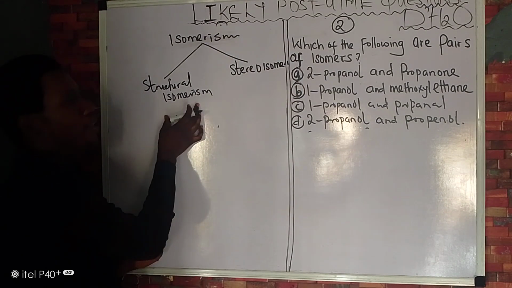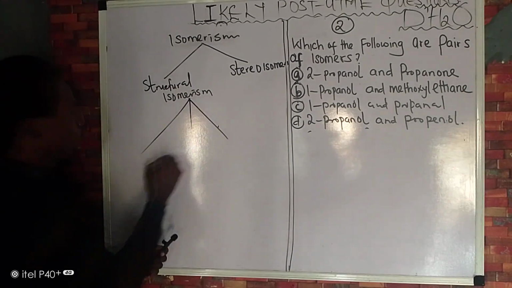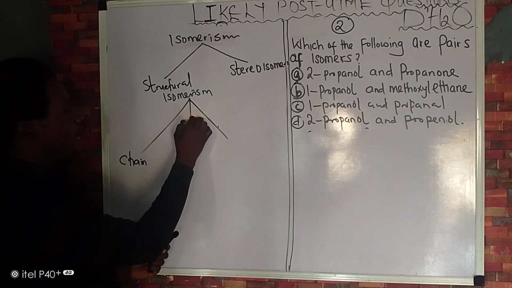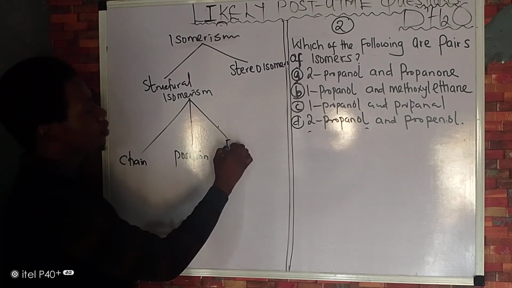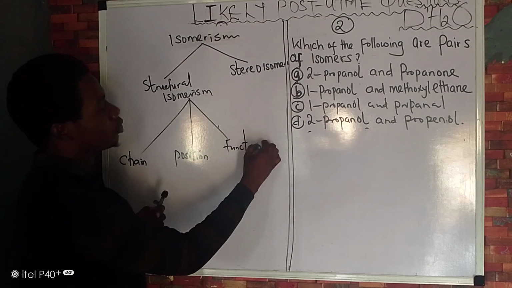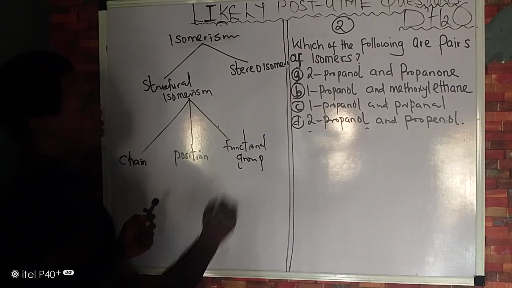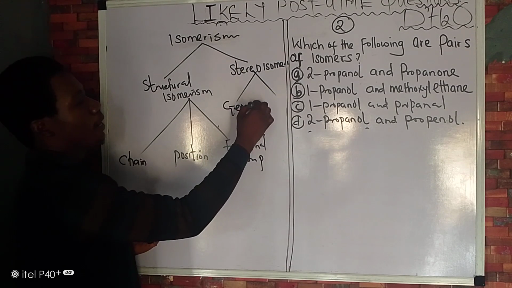In structural isomerism, we have what we call chain isomerism, position isomerism, then functional group isomerism. You must understand this, okay? Then in stereoisomerism, we have geometric isomerism.